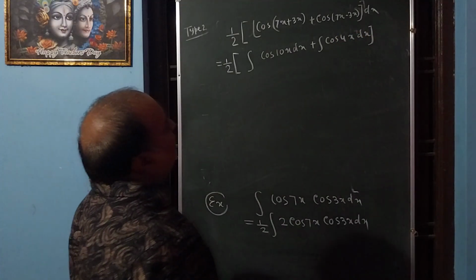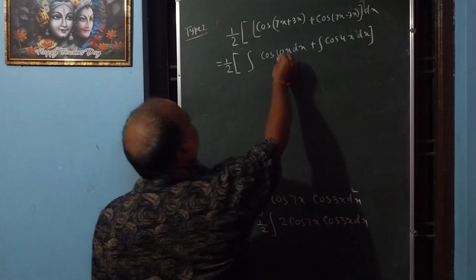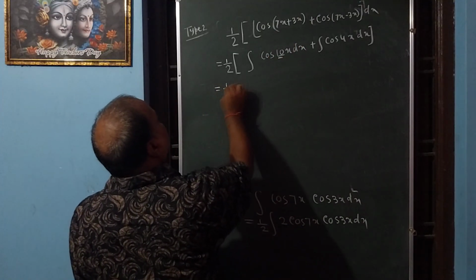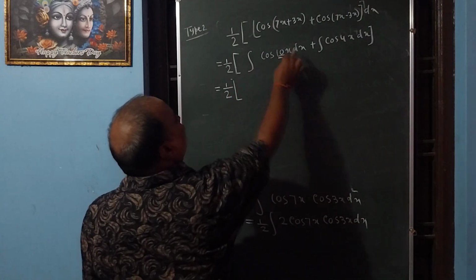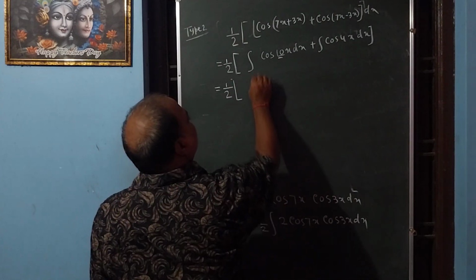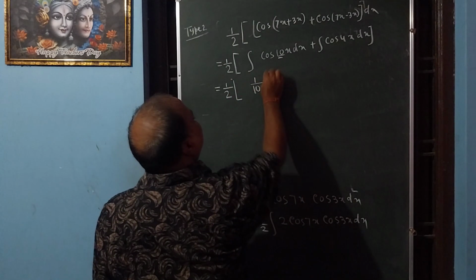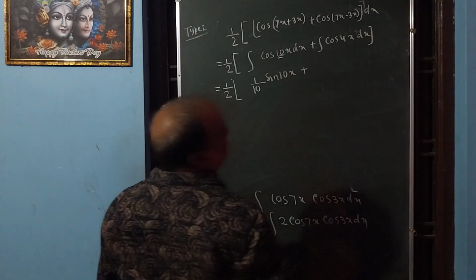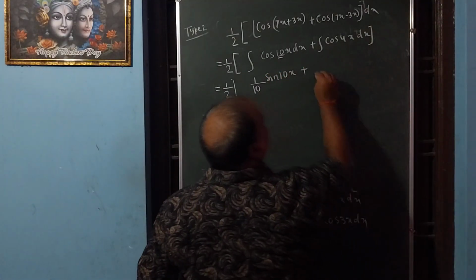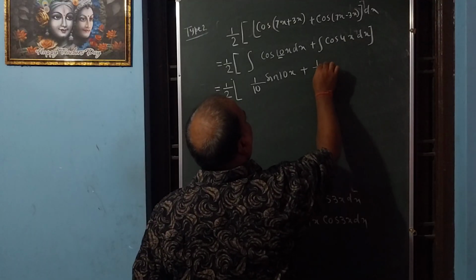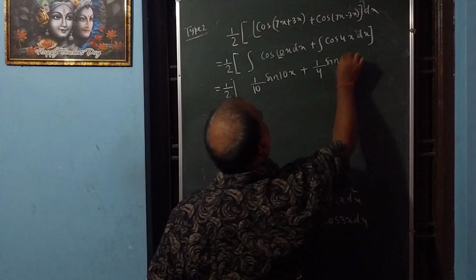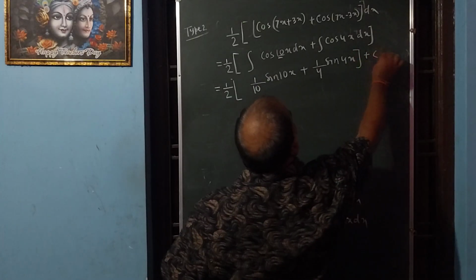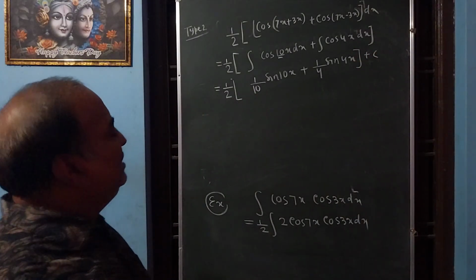So here you see the coefficient of x is 10, so that will be divided there. So we get 1 by 2 integration of cos 10x dx is equal to 1 by 10 sin 10x plus the integration of cos 4x is 1 by 4 sin 4x plus c.